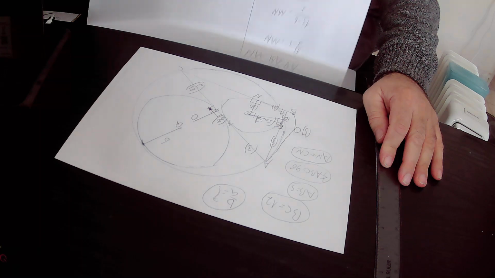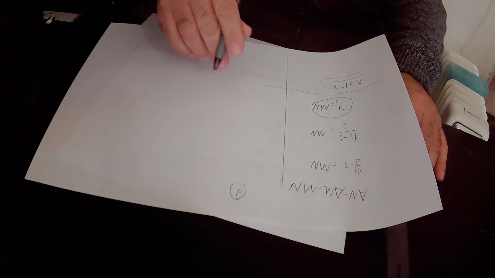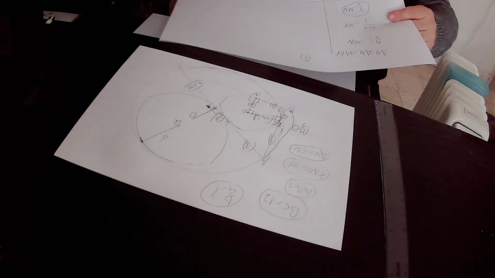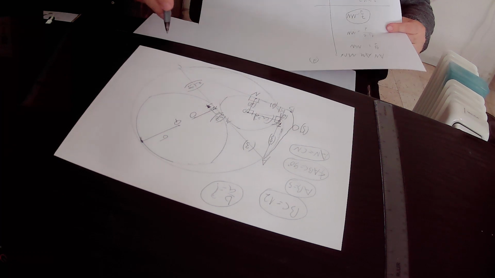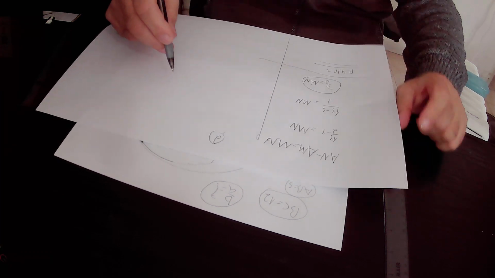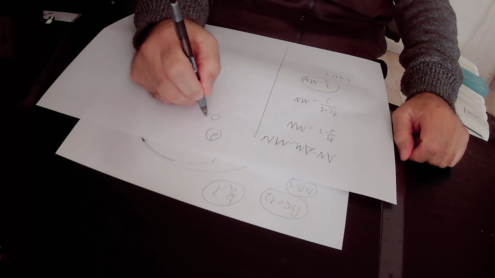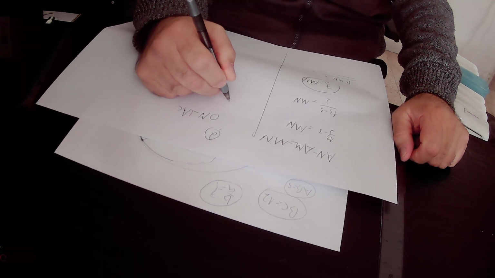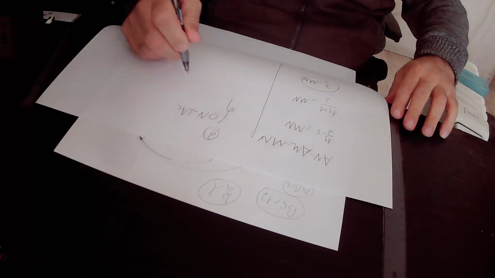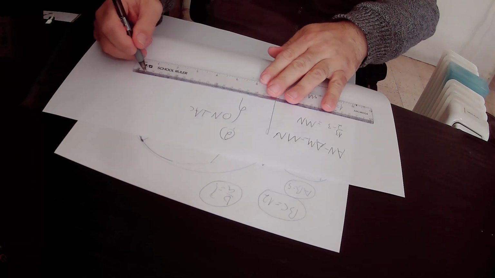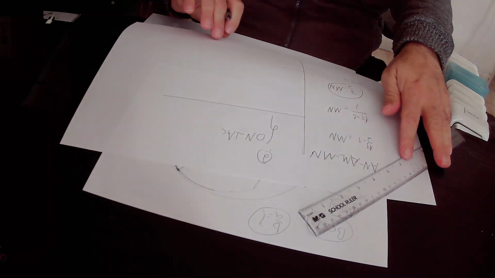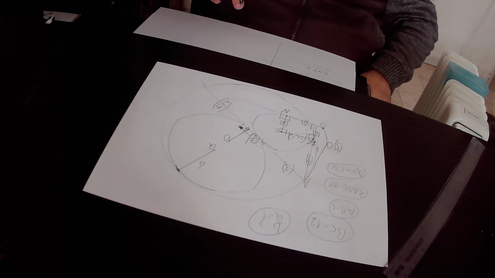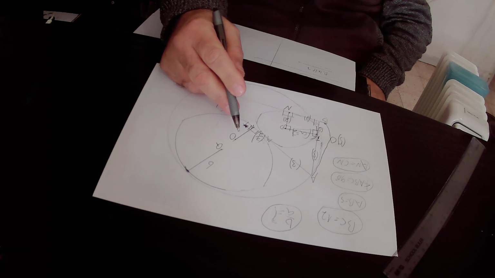So we can find out that ON is perpendicular to tangent AC. Point Q is the center of the circle.